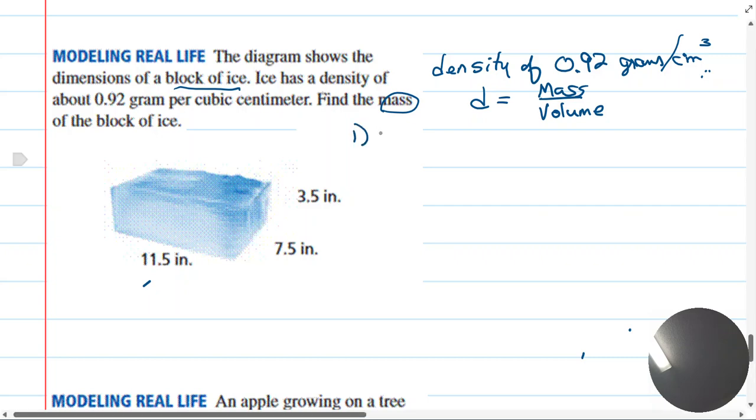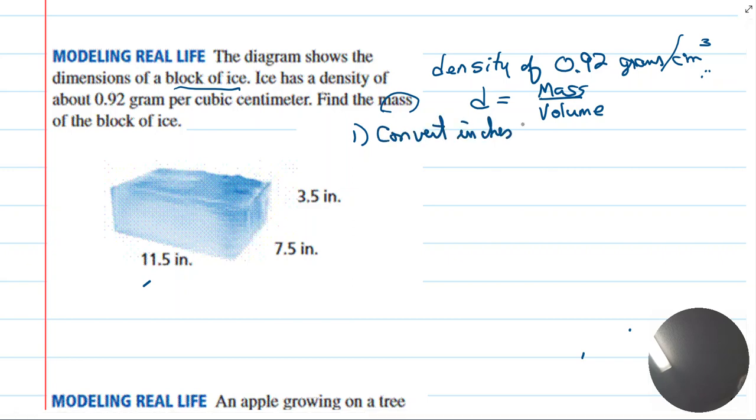inches to centimeters. So we have to know that 1 inch equals 2.54 centimeters. So we're going to have the 3.5 inches times 1 inch equals 2.54 centimeters, and that way we can cancel the inches.